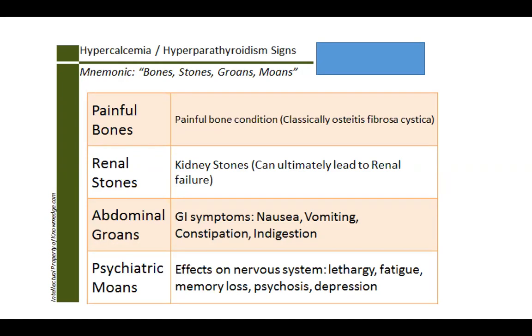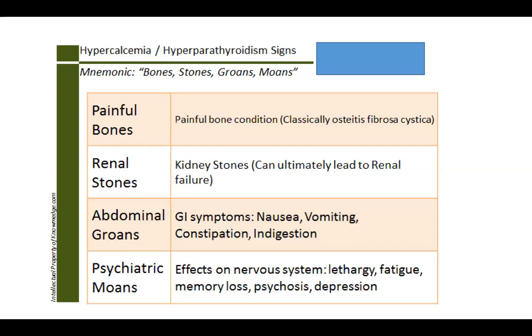Because in order to maintain a constant serum level of calcium, the parathyroid hormone will act upon the bones and will cause release of calcium from the bones. So the bones will be weak and they will be painful.